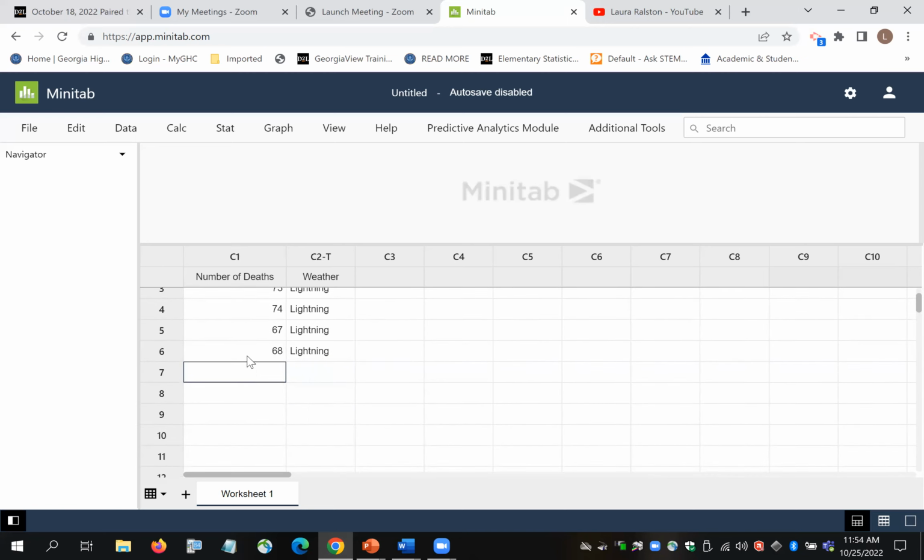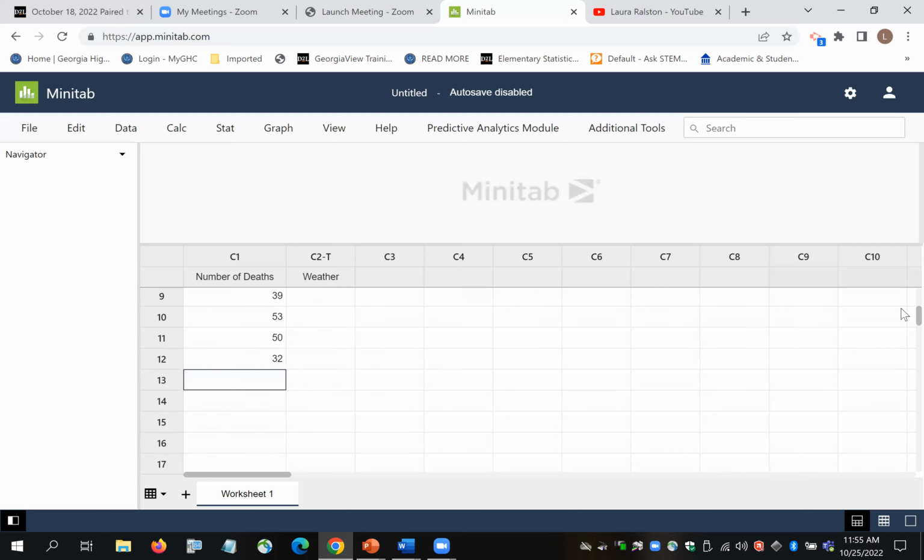So the next 6, again, I'm going back under column 1 under number of deaths, starting at row 7. I'm going to put in the ones for tornado: 30, 39, 39 again, 53, 50, and 32. Whoops.